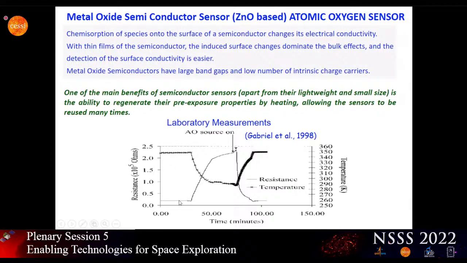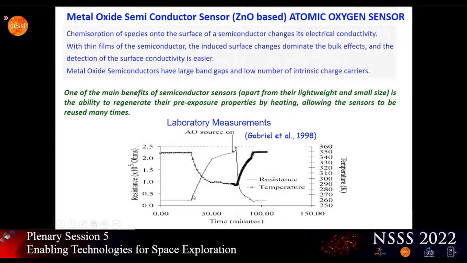The thin line shows the atomic oxygen source on in the laboratory, whereas the circle and then the cross and the line joining them shows the resistance, the temperature. I beg your pardon. The resistance is shown in the thin line, and the temperature is shown as the crosses that will be coming in.